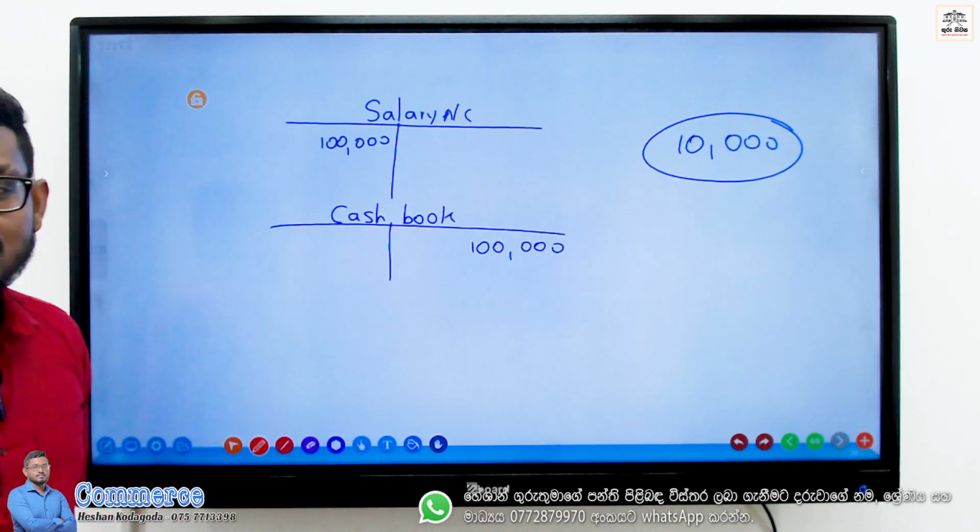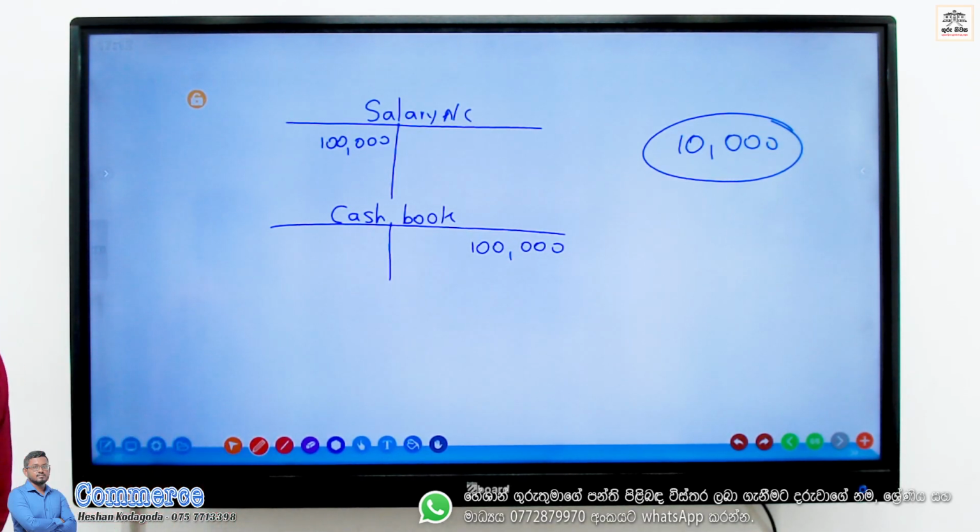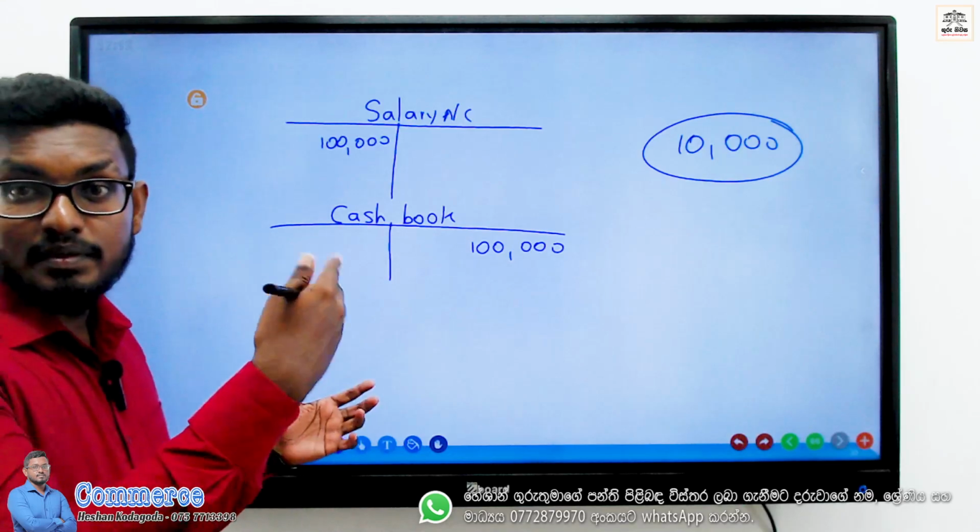We have to correct the mistake in the trial balance.